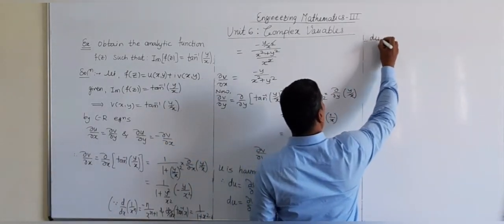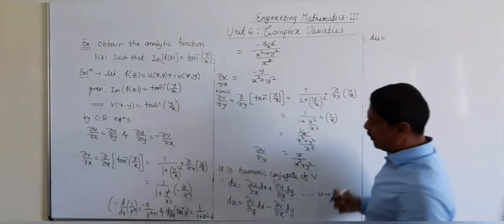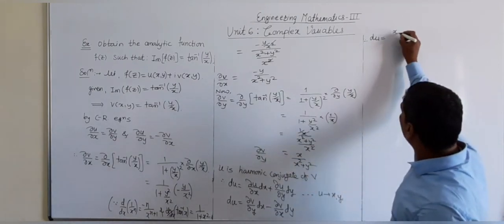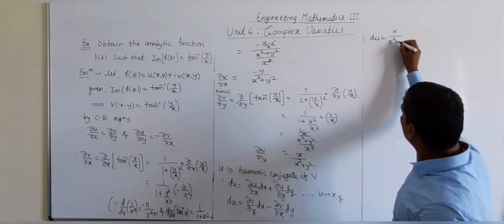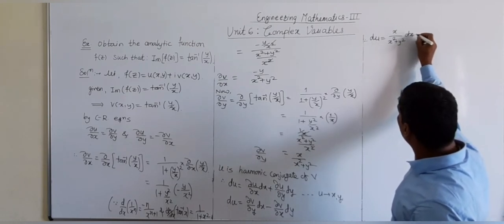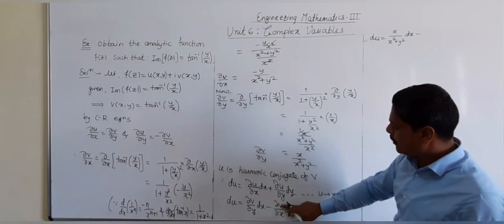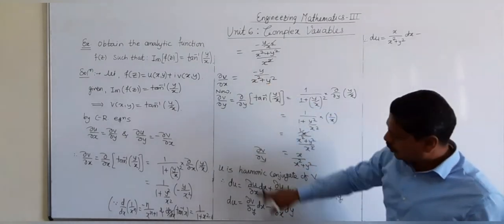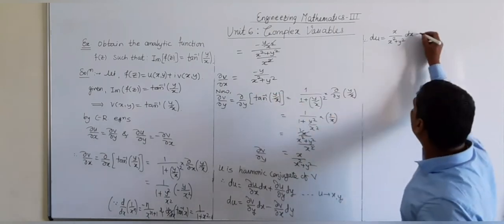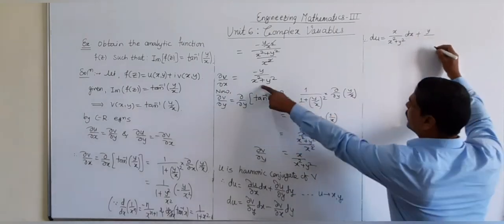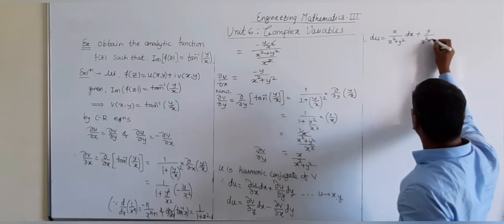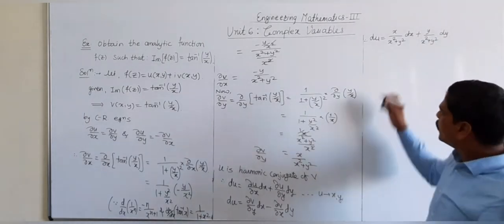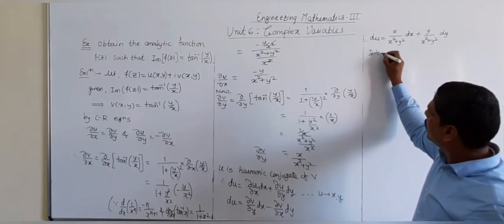Therefore, du is equal to ∂v/∂y, which is x divided by x square plus y square, dx, then minus sign as it is. The value of ∂v/∂x is minus y upon x square plus y square, so this minus into this minus becomes plus y upon x square plus y square into dy. Now the next step is integrating this.